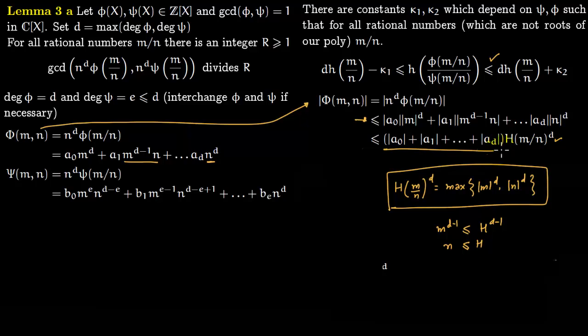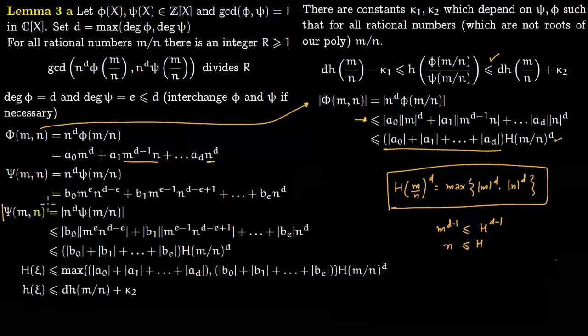So you take the common things here, do the same thing for this psi. So absolute value of psi is equal to absolute value of this, now less than or equal to, for individual terms, again h of m by n to the d, because you can see that you add up the degrees here, you get degree d, you add up degrees here, you get degree d, because you're multiplying by this n to the power of d right here.